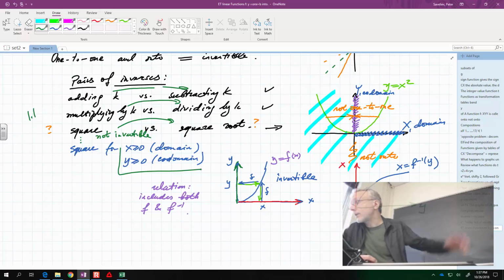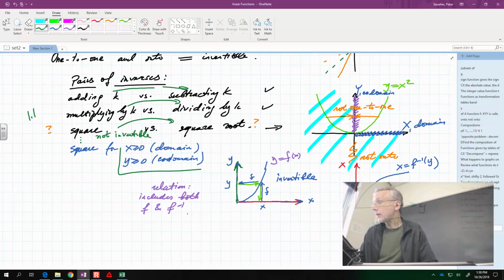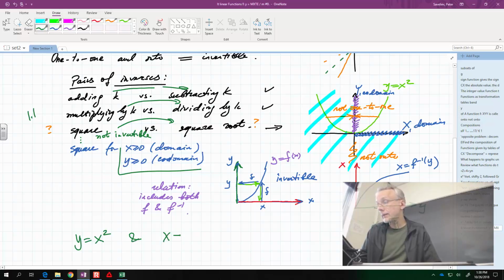The function will be over here: x is equal to square root of y. How does that help? For one, you know how to handle composition, right? Now I have y equal to x squared, and x equal to square root of y.